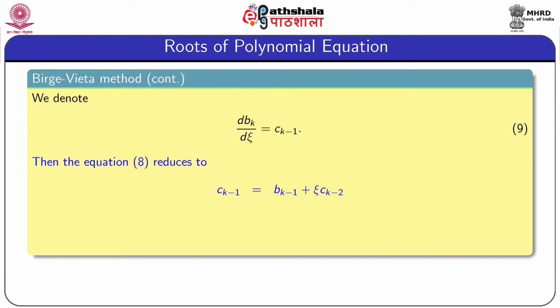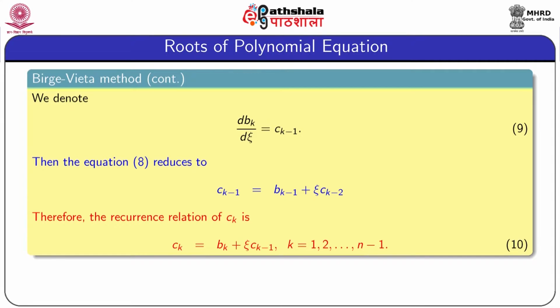That means this is the recurrence relation for c's, and it depends on b's and c's of lower order. Finally, the recurrence relation of ck is ck equal to bk plus xi c_{k-1}. This is true for all k equal to 1 to n minus 1. So, from this equation we can evaluate all c's, and from equation 8 we can evaluate all b's.